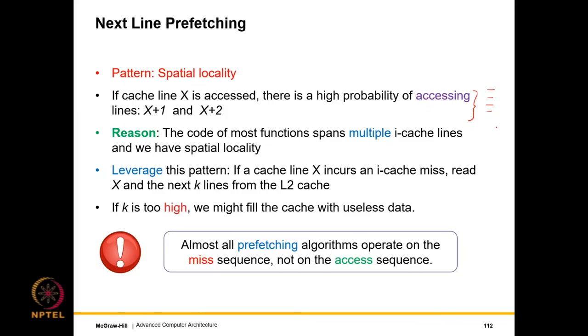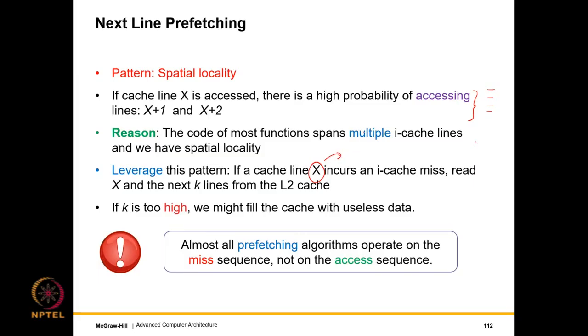We always operate on the miss sequence, not on the access sequence, because if we were operating on the access sequence, our prefetcher would be active most of the time, always churning the sequence and trying to predict, and that will be a lot of activity, a lot of power. So we always operate on the miss sequence, and if there is a miss to line X, then we prefetch line X plus 1.